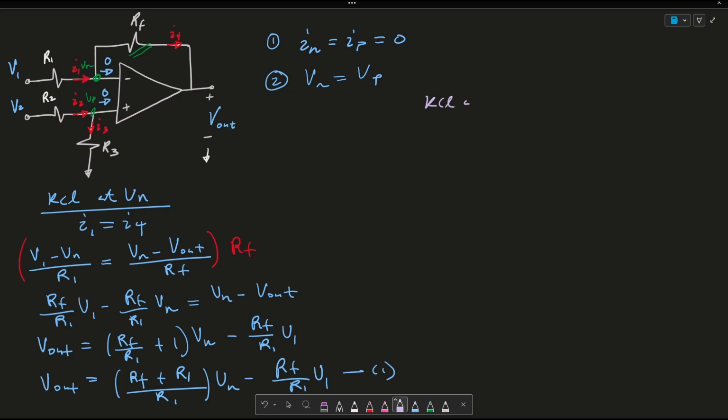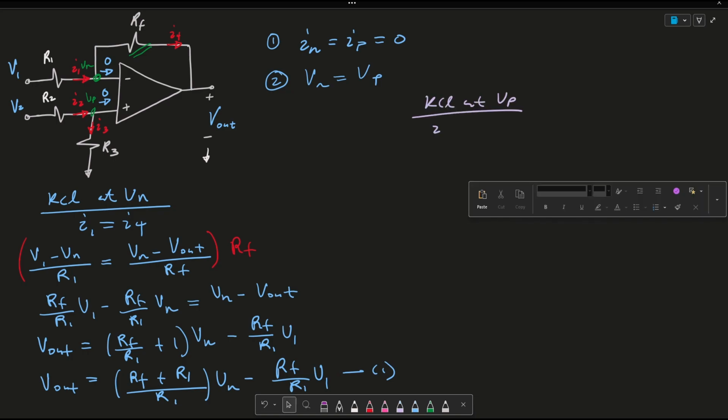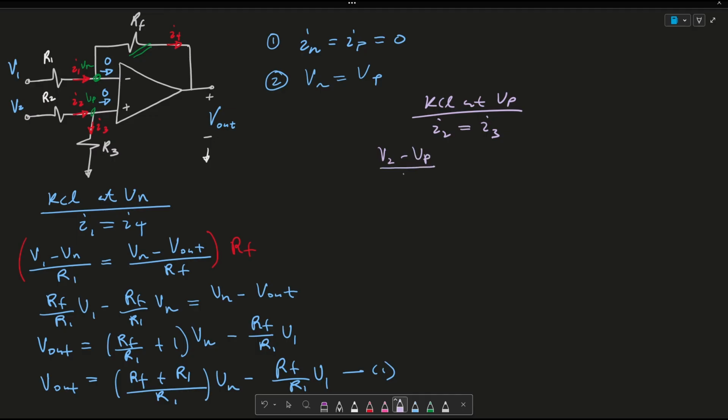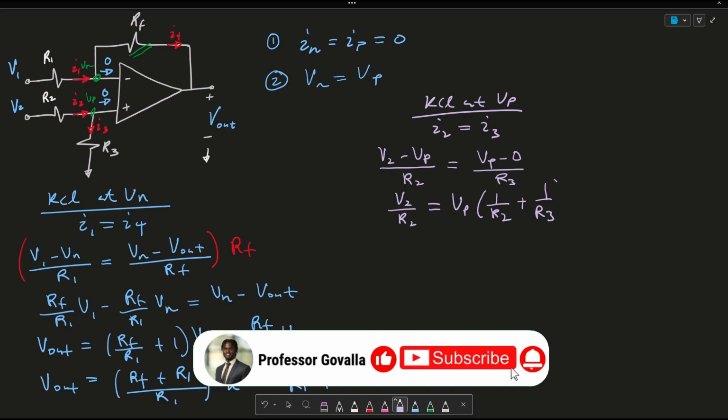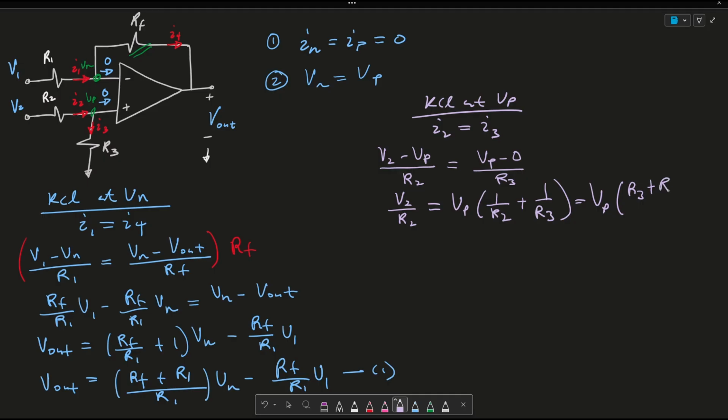And then for the KCL at Vp, I can say that I2 has to equate to I3. I2 is going to be V2 minus Vp over R2, which is equated to Vp minus 0 over R3. This equation here corresponds to I3. So then we can say then that V2 over R2 is equated to Vp times 1 over R2 plus 1 over R3, which is equated to Vp times R3 plus R2 over R2 R3.